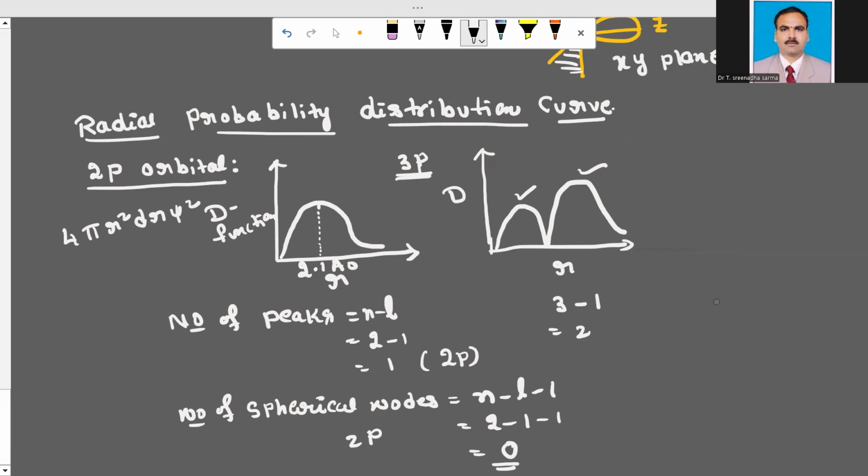So there is no nodal region or radial node for 2p orbital. For 3p orbital, 3 minus 1 minus 1, one nodal region is present. So this is the one nodal region.